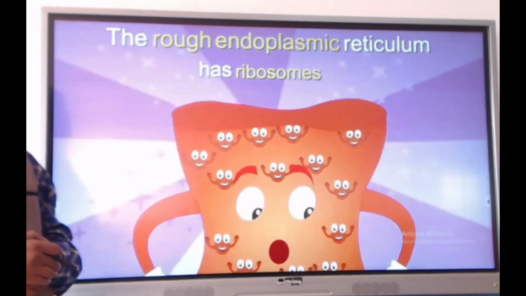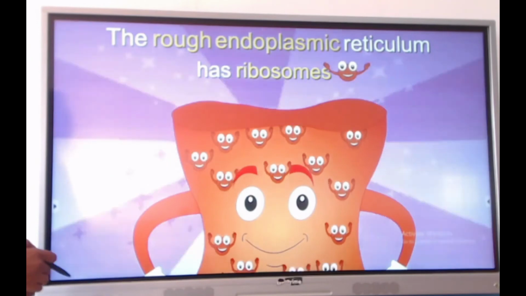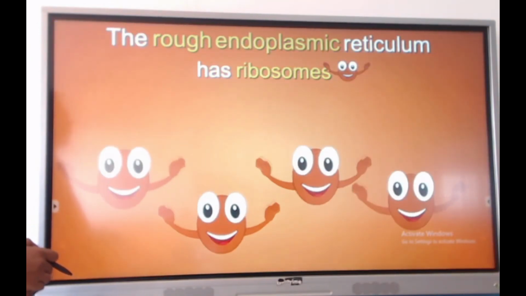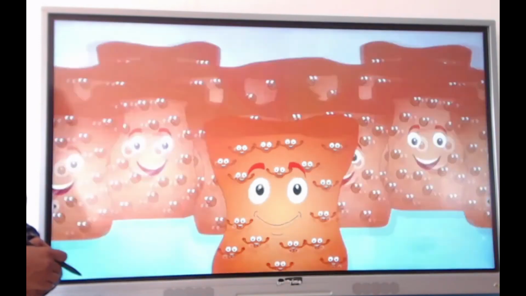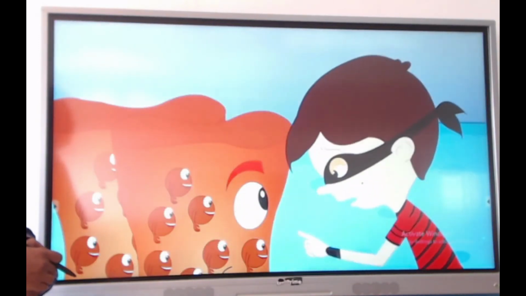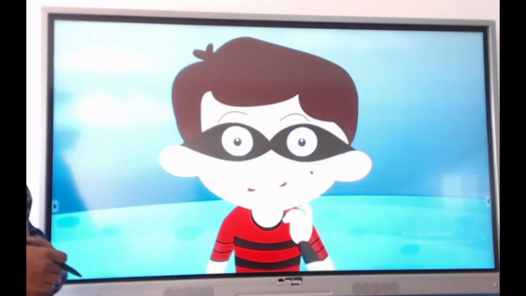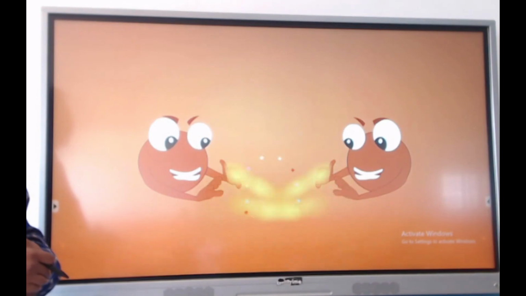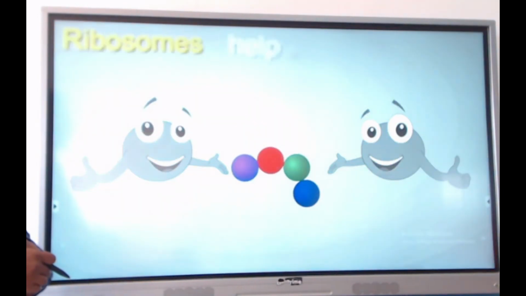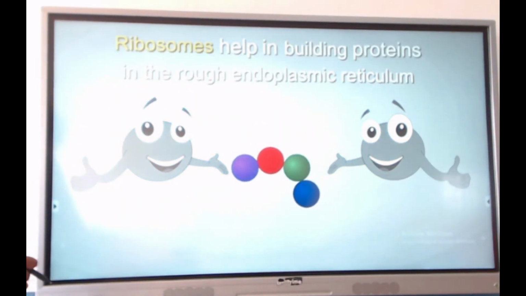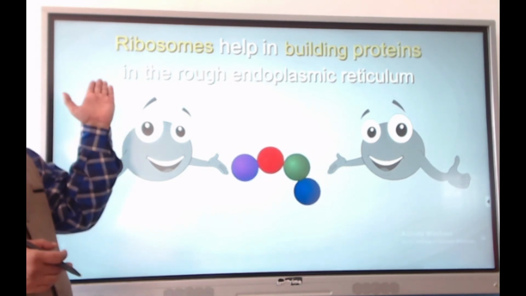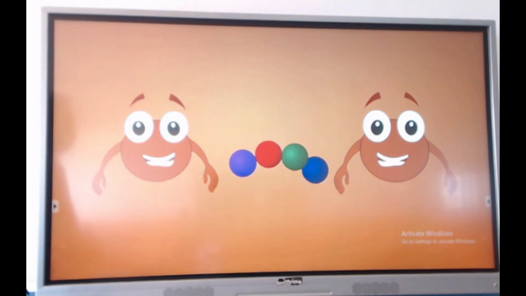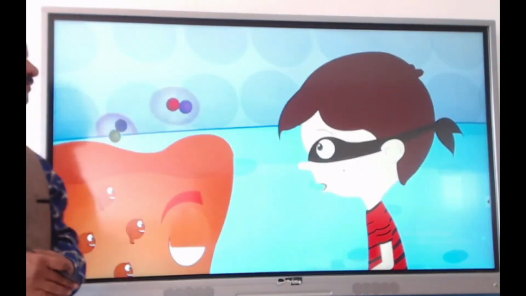The rough helps in protein synthesis. Now ribosomes, they are building proteins above the rough endoplasmic reticulum. So they are synthesizing proteins there.